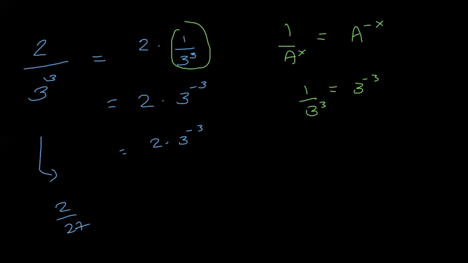What then if I had a case like this? What if I had 4 divided by, let's say, a cubed? This would then be 4 multiplied by a to the minus 3. That would be my answer.